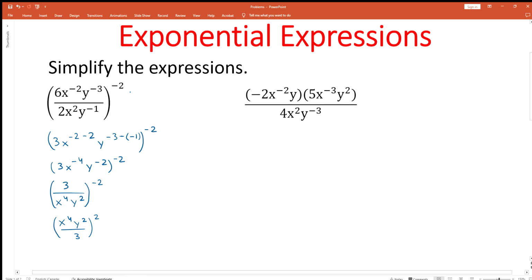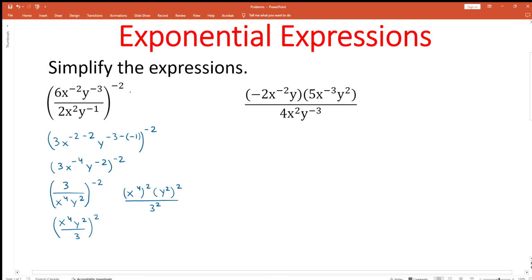Next, we can apply the outer exponent 2 to x, y, and 3 in the fraction. Next, we have to use power on power law of exponents to simplify these terms.